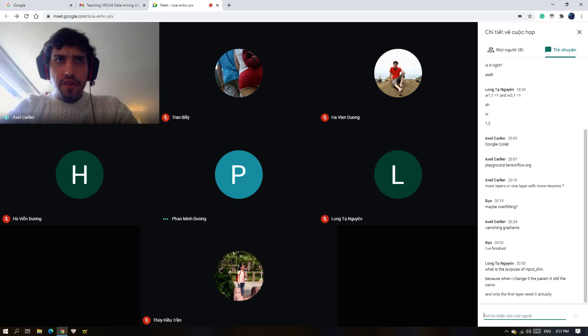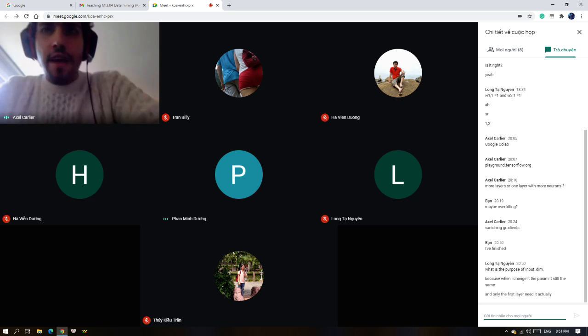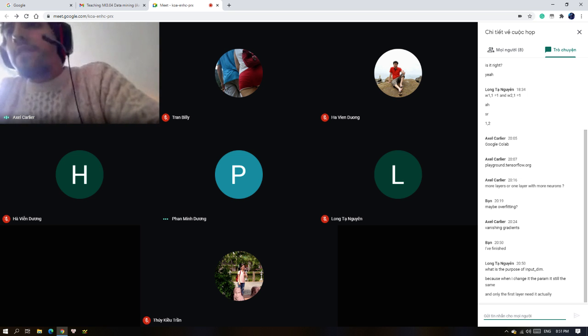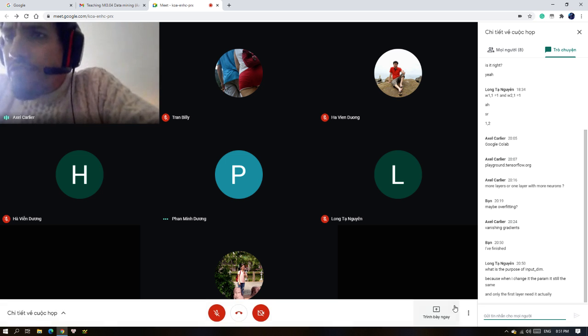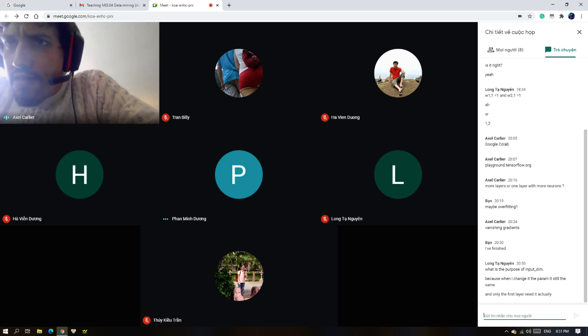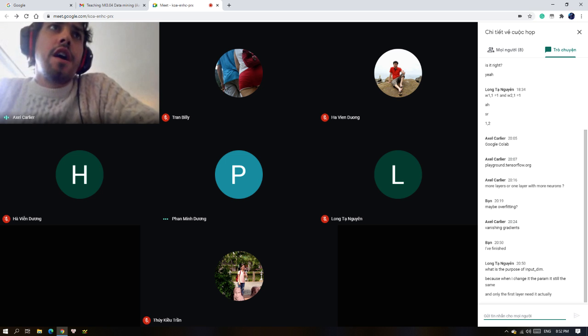So I have a question from Longtan Nguyen, who asks, what is the purpose of input dim? In fact, you tried to change it, right? And it's still the same, and only the first layer needs it actually. That's true. Only the first layer needs it, because this is the dimension of the input of the network.